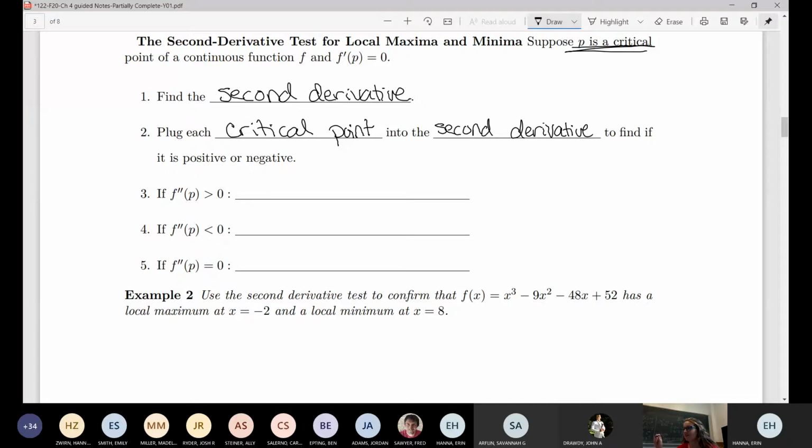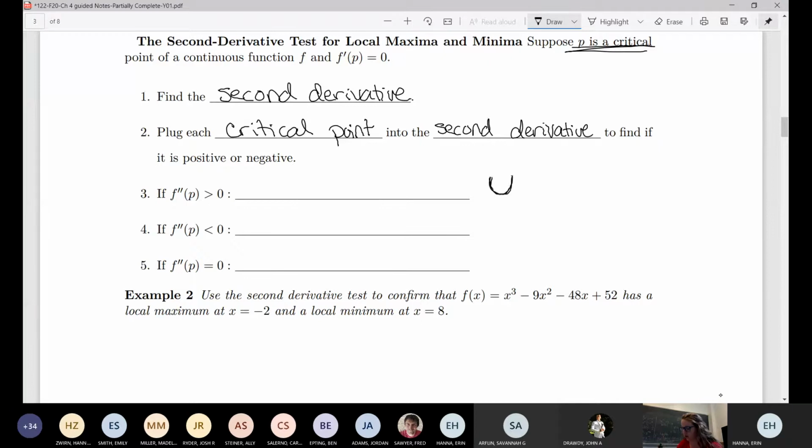There we go. So you're going to plug each critical point into the second derivative and figure out whether it's positive or negative. If when you plug in that number, you get a positive number, so think about this, because I always try to say it backwards. If the second derivative is positive, then you're concave up.